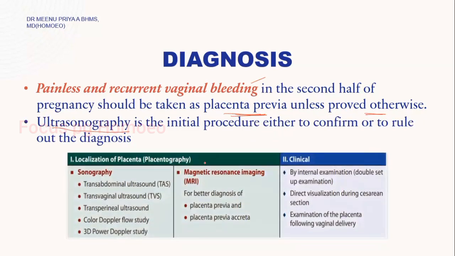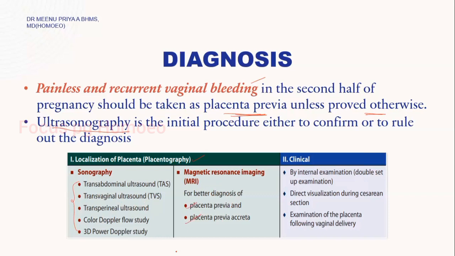Localization of placenta is called placentography. In ultrasonography, TAS, TBS, transperineal ultrasound, color Doppler and 3D color Doppler can be done, or one of them can be opted for, to know where the placenta lies. MRI is used for better diagnosis of placenta previa and placenta previa accreta.